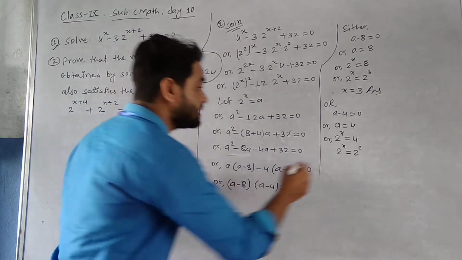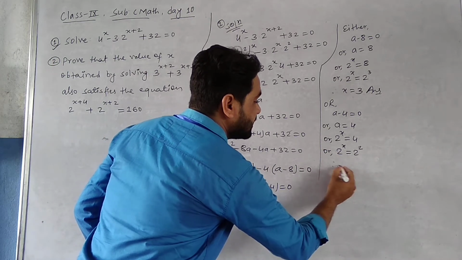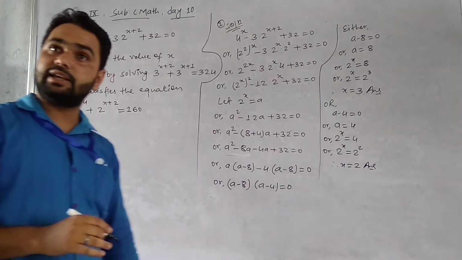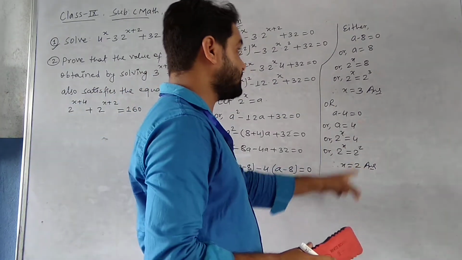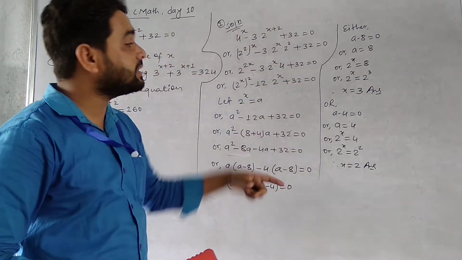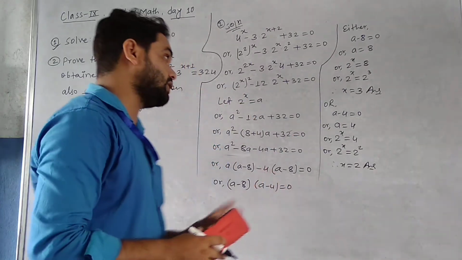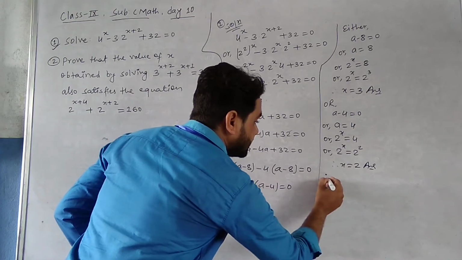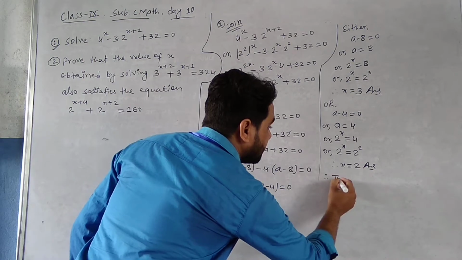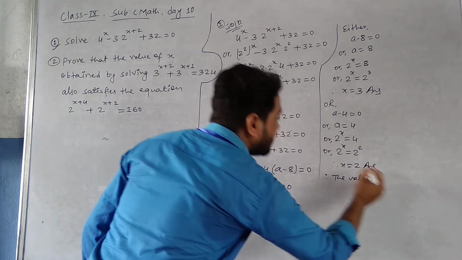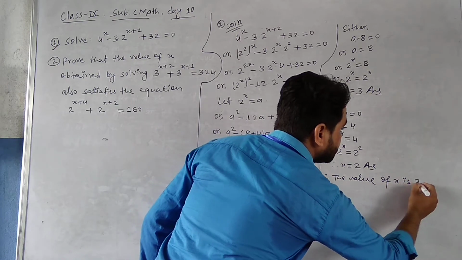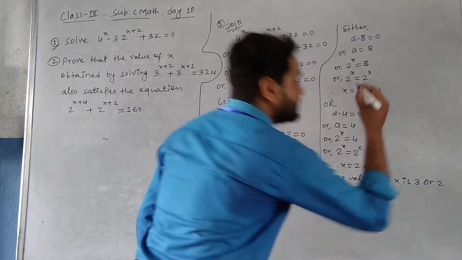Since the base is the same, you can equate the powers. So we get two values of x, and if you put these two values one by one in the equation, they both satisfy it. So lastly, the value of x is 3 or 2.